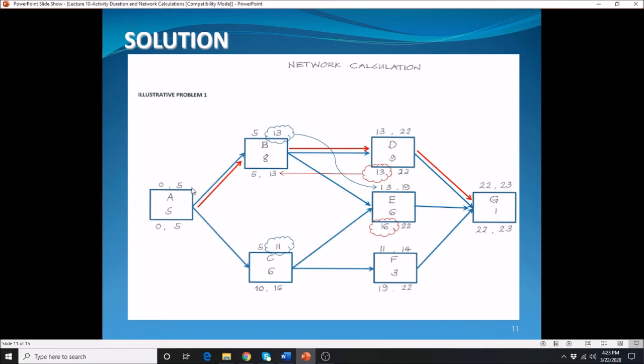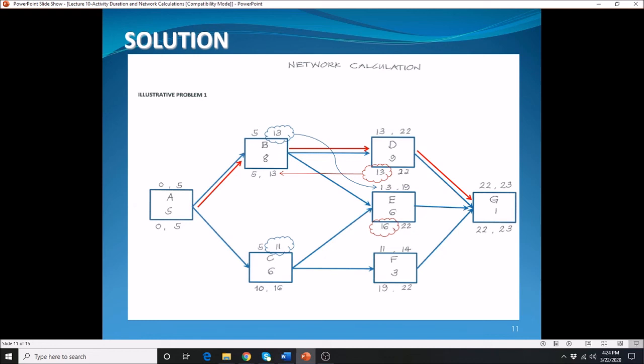Let's begin. The start is 0. The early finish is equal to the early start plus the duration. So 0 plus 5 is equal to 5. Again, the early start of succeeding activities is equal to the early finish of the previous activity, the maximum of the early finish of the previous activities.